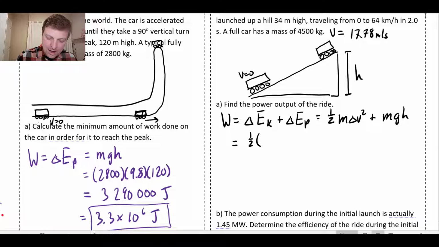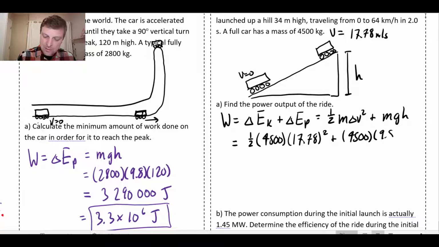So we're going to fib. I've got 1/2 times 4,500 times my final velocity, 17.78 squared, plus 4,500 times 9.8 times 34. And again, this is a lot of energy. This is like 2,210,000 joules.